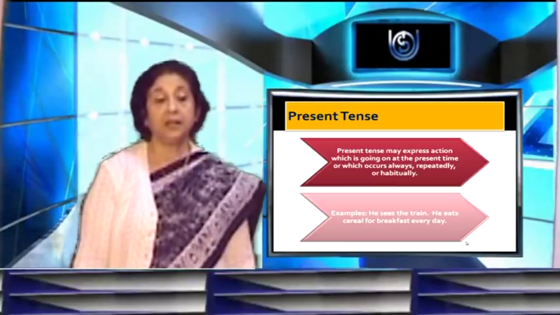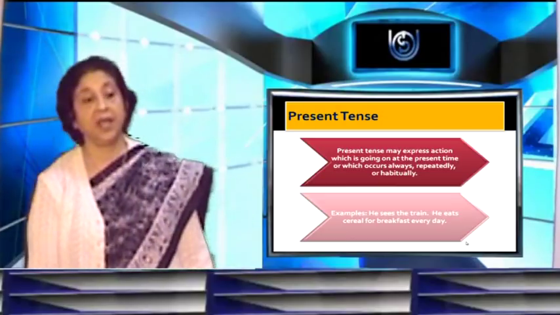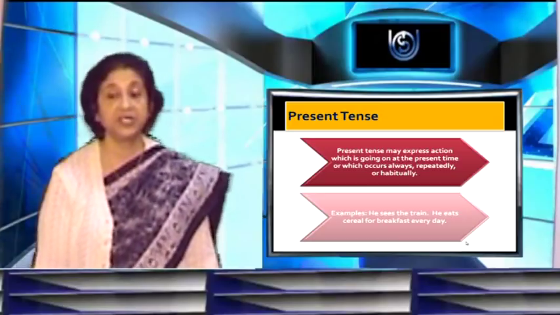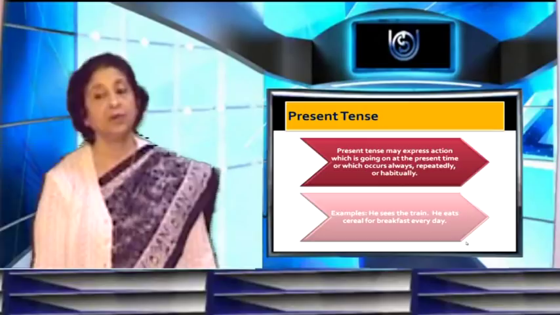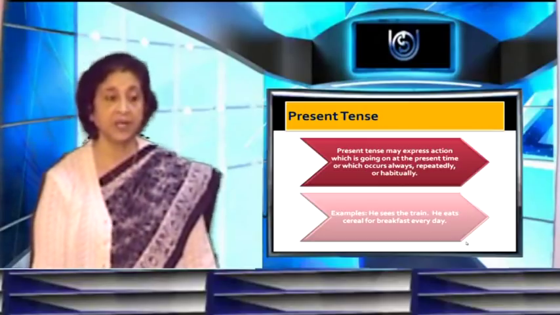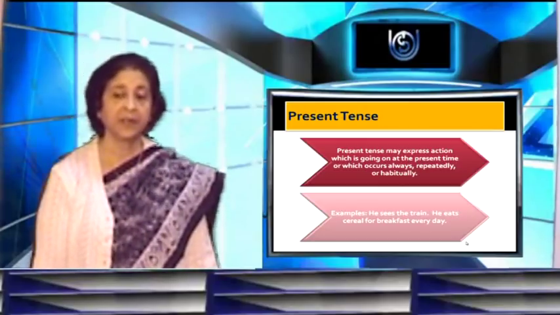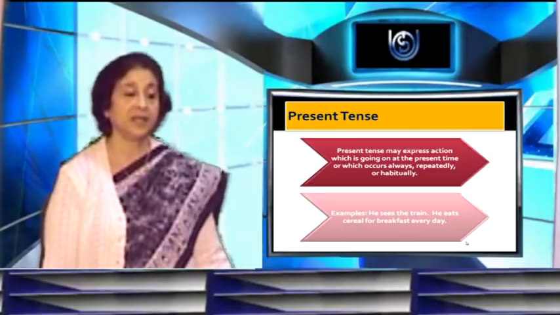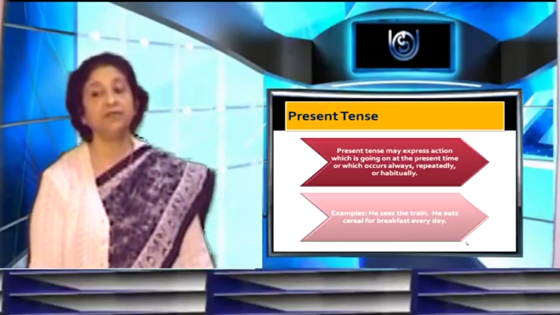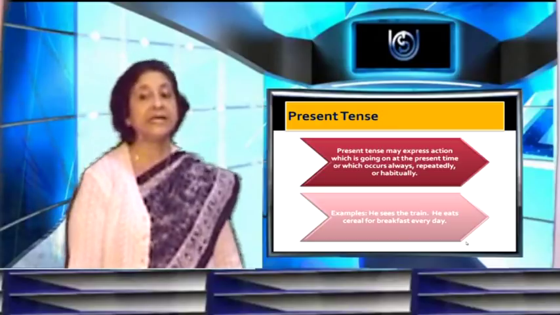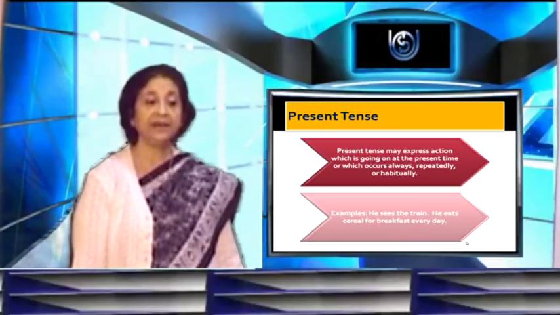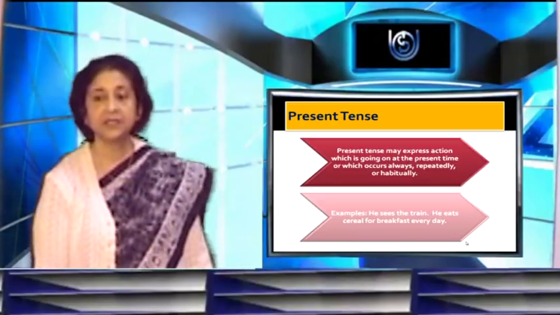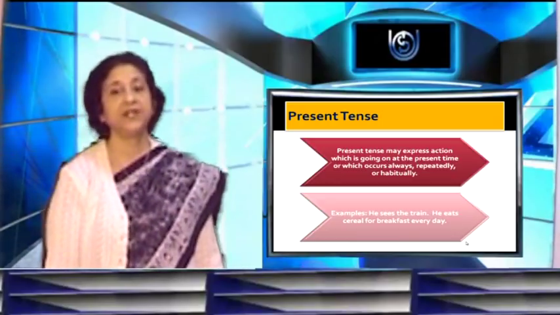Now, in the previous session, I explained to you, when I was teaching agreement with the verb, that with singular we use the first form of verb in present tense with S. We put S with the first form of verb. He eats. Eat is the first form of verb, and we put S, eats, so this becomes present tense.